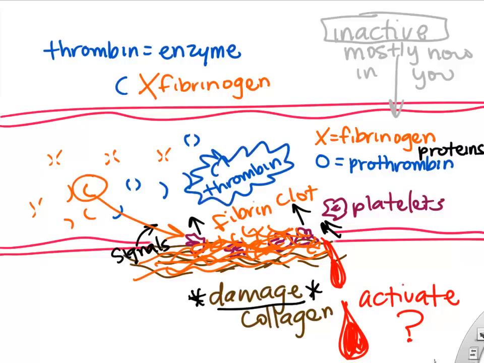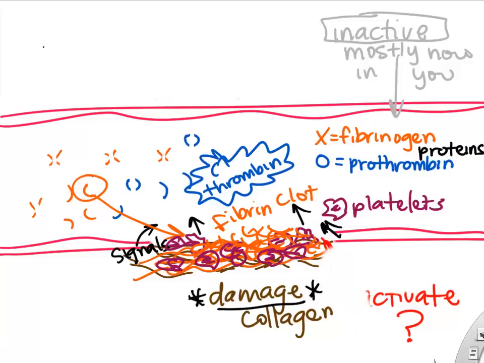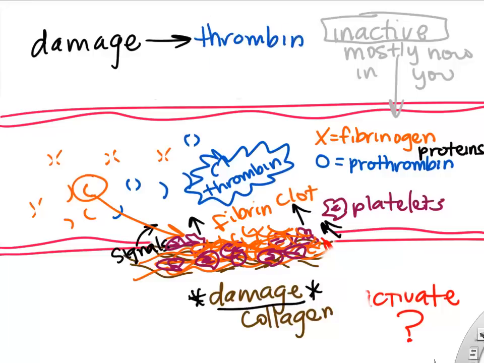So the fibrin clot is created by thrombin, and again, this was all activated by the damage. Then we get a stable clot with platelet and fibrin protein. So damage activated this complex protein cascade, which activated thrombin, which helped create fibrin. And so that's the clotting cascade.